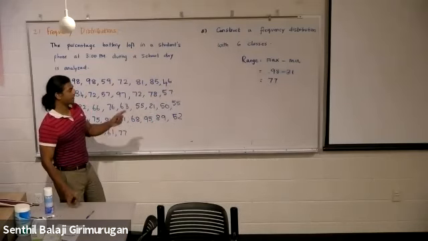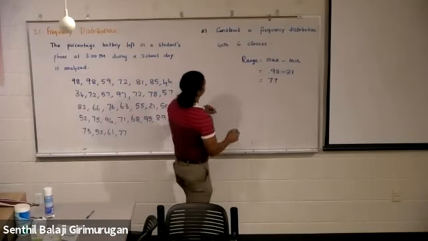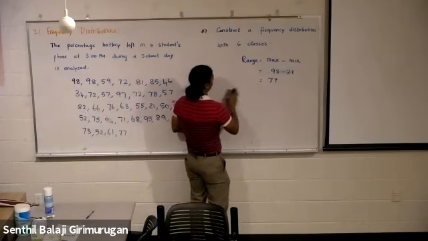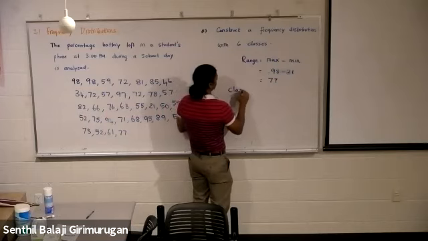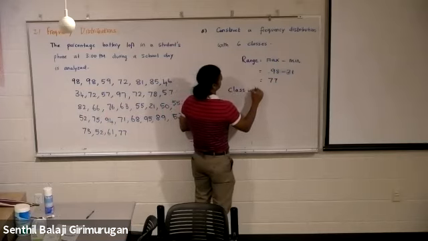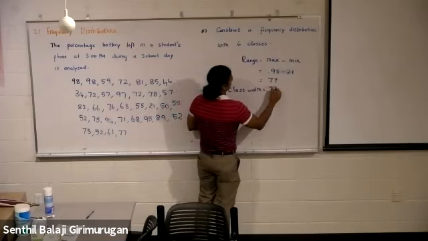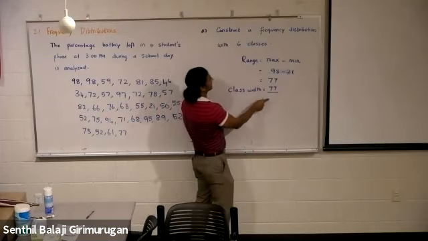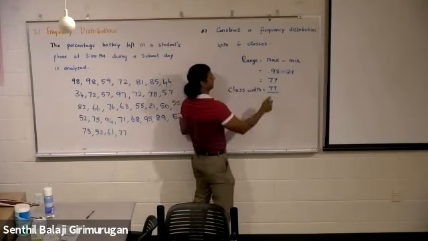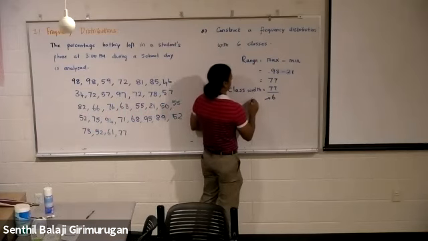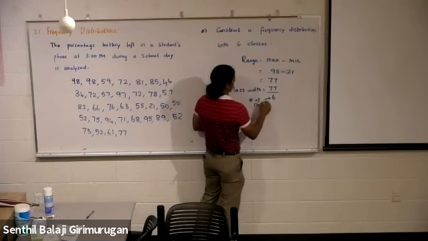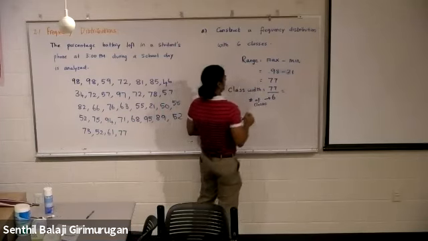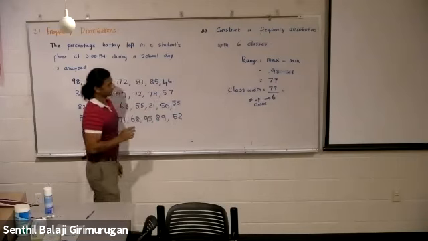And we want to divide the range by the number of classes. Whatever range that I found, I'm going to divide it by 6. What do we get?